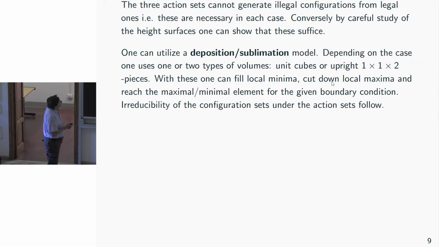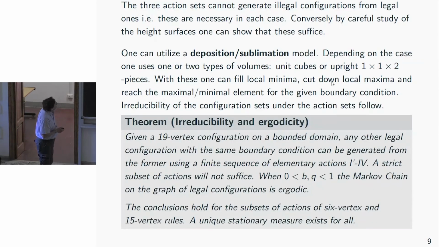This kind of geometric thing helps you to figure out that in fact, these are the sets that you can get away with and you don't need to have extra actions on top of this. Okay, and once you're convinced of that, then you know that you can actually do a Markov chain with this.